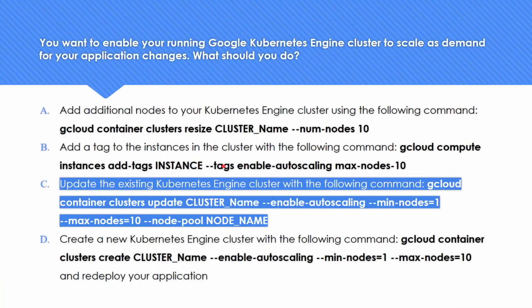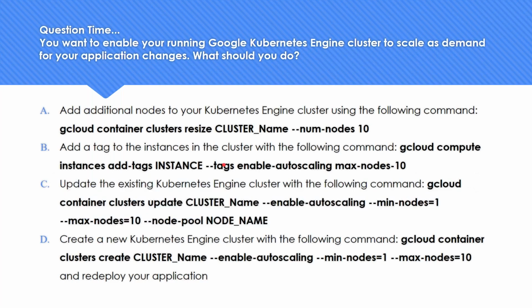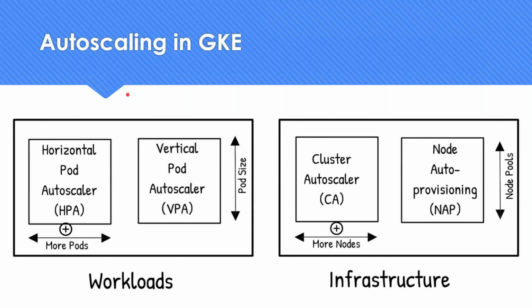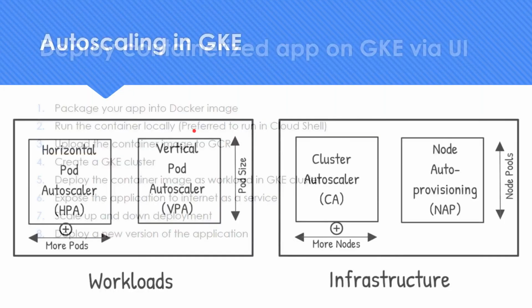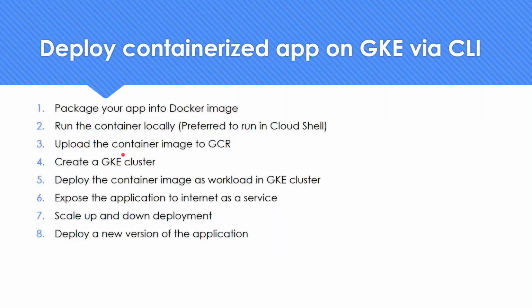Now, what we wanted to do was something like this only, right? So if I just go a couple of slides back. Create a cluster, we created it in command line, we deployed it, we exposed it. Now you want to scale up, scale down, we can do it. To create a new version, we can do that. I'll show you that. But the key part was using a declarative approach.